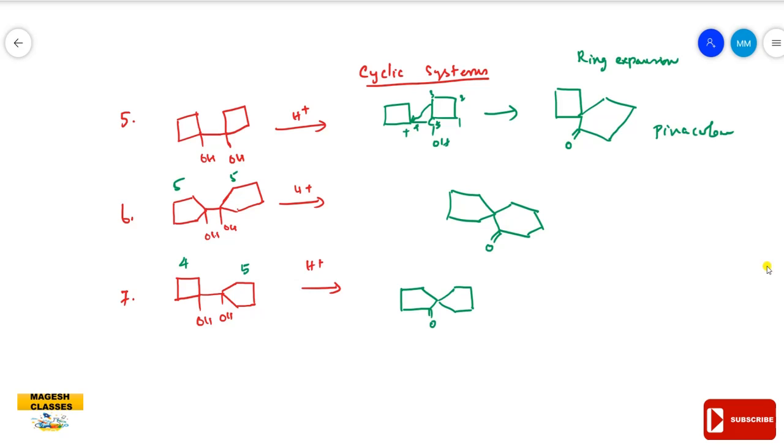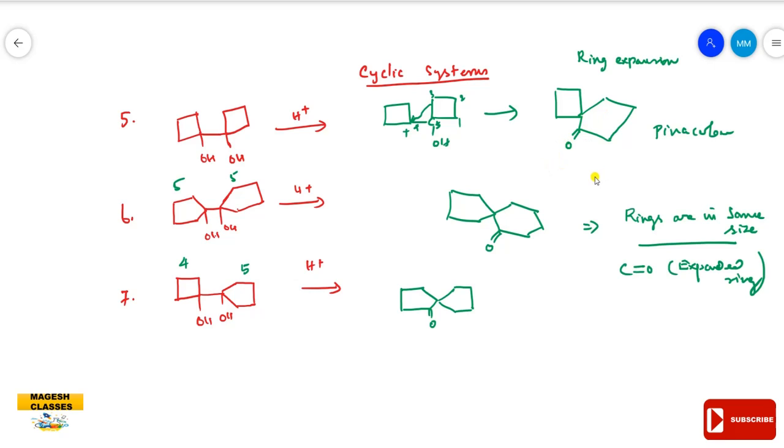So from the examination point of view, when the 2 rings are the same size, one of the rings is expanded and the carbonyl part is present in the expanded ring. See the 5th one, the carbonyl group is present in the 5-membered ring.